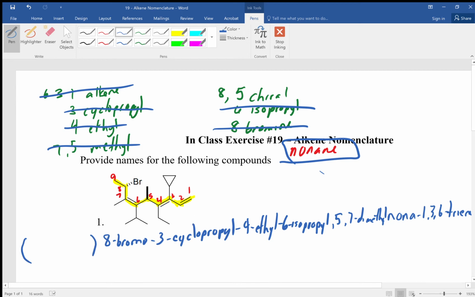And we need those, both the E and Z, as well as the R and S. So which positions need those labels? Well, our first alkene, the one at carbon 1, has the same substituent, a hydrogen, as its substituent on the first carbon. So 1 does not need a prefix for E and Z, but 3 will. We already said 5 and 8 were chiral, and 6 will also need an E/Z descriptor.